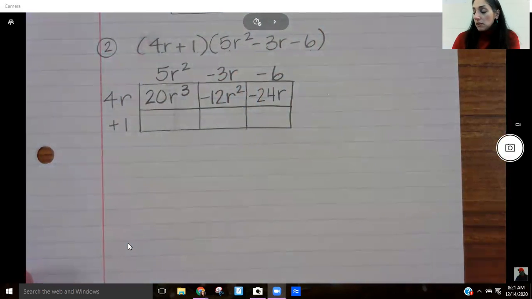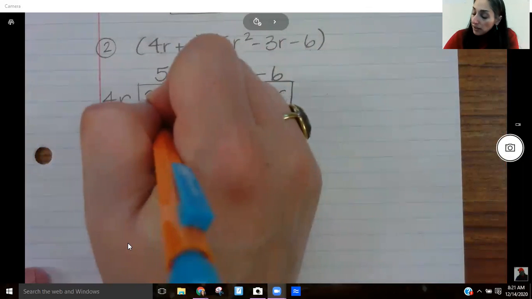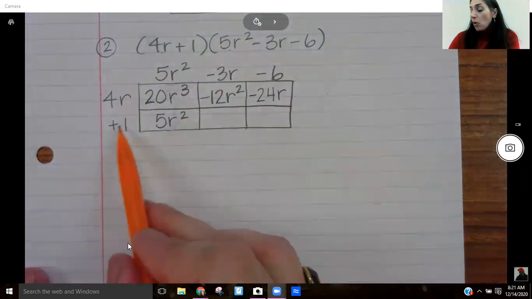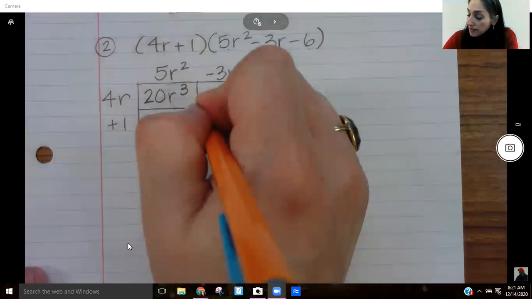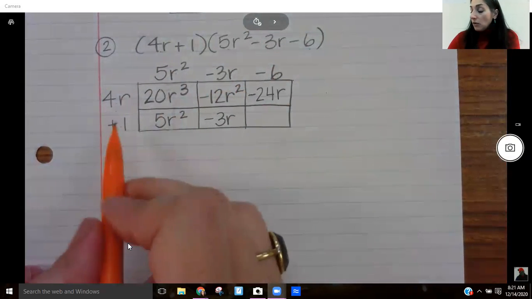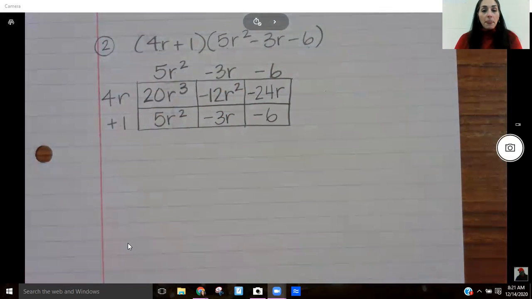Now we're down here. 1 times 5r squared is 5r squared. 1 times negative 3r is negative 3r. And 1 times negative 6 is negative 6, like that.